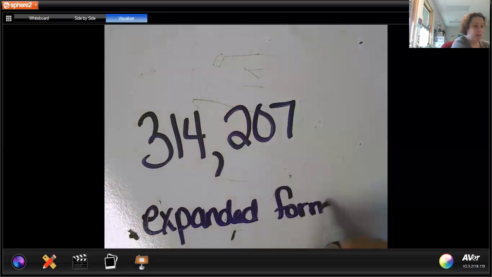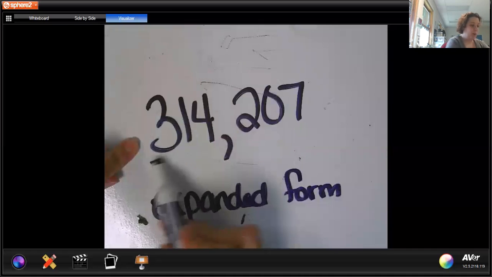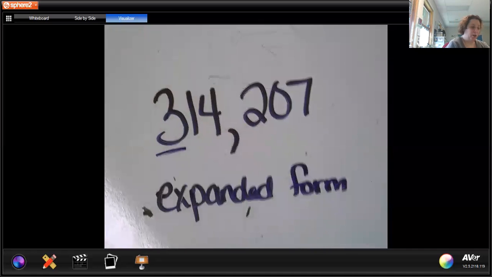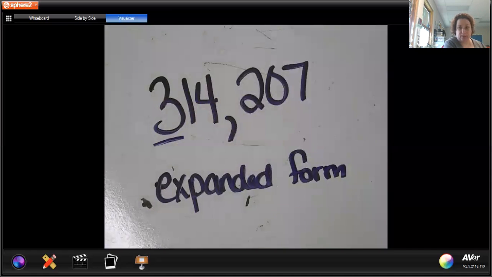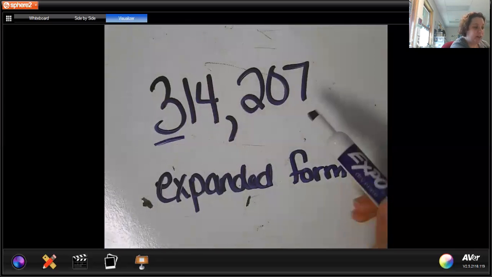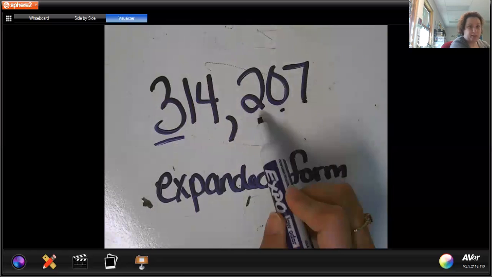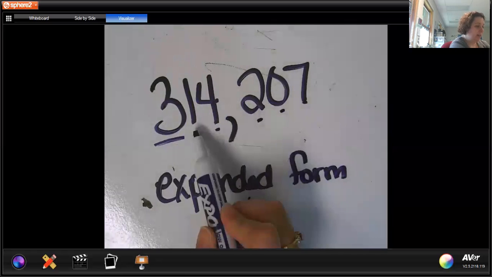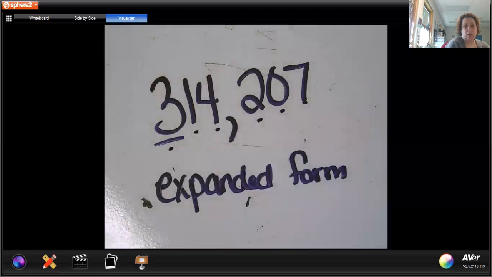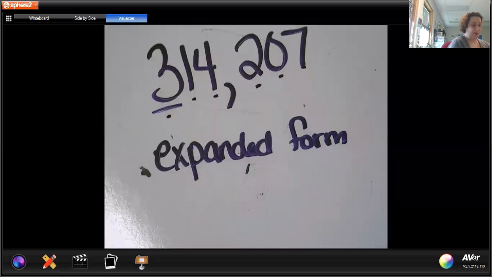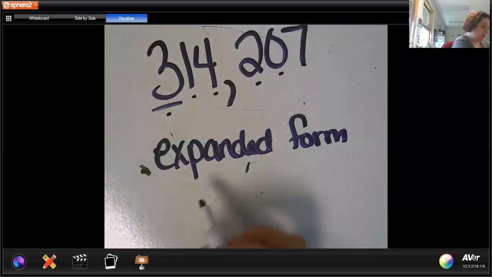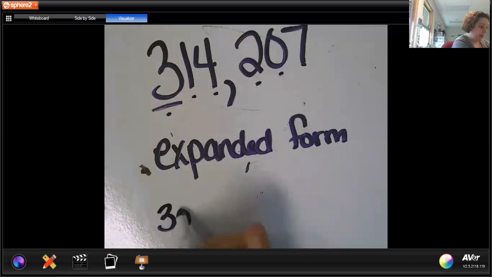And that's going to be this digit right here, the 3. So I'm going to start with the 3 and I'm going to figure out what place it's in. So remember, our place value starts over here. We have ones, tens, hundreds, thousands, 10,000s, 100,000s. So the 3 is in the 100,000s place.